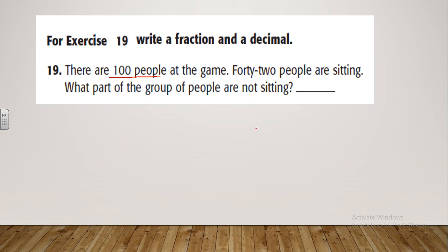So we know that 42 people are sitting. So if we want to know who's not sitting, all we have to do is 100 minus 42. Can you tell me 100 minus 42 equals what? Who can tell me? Super, I can hear you.